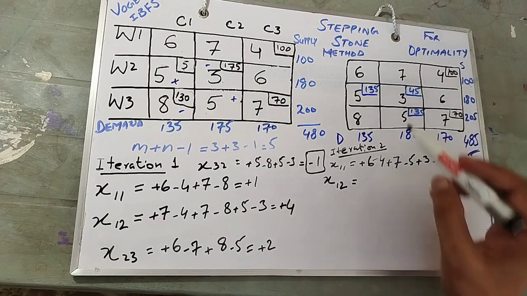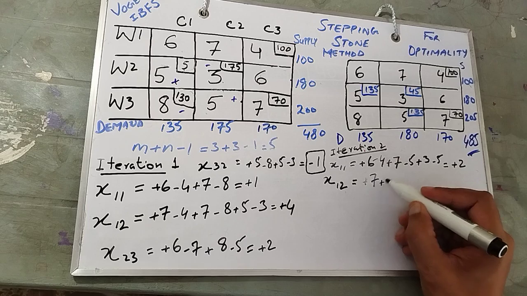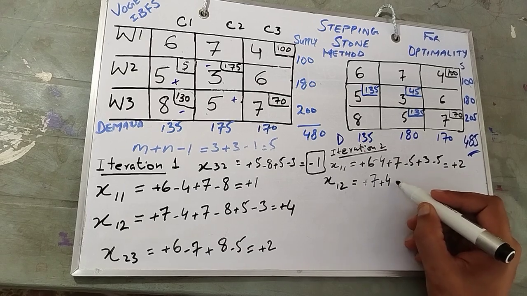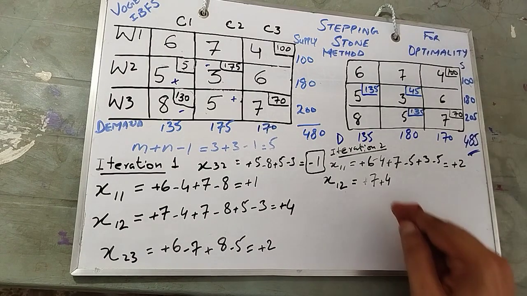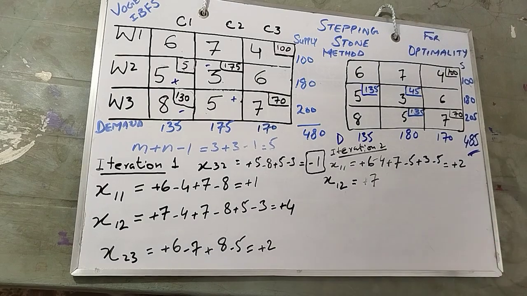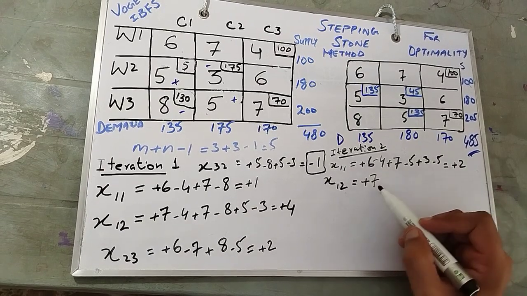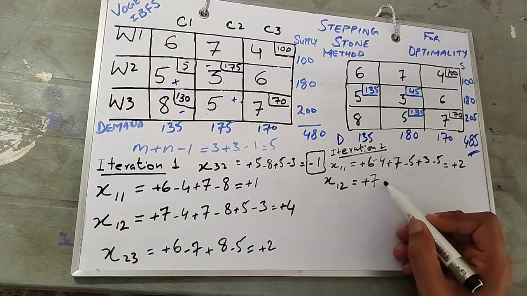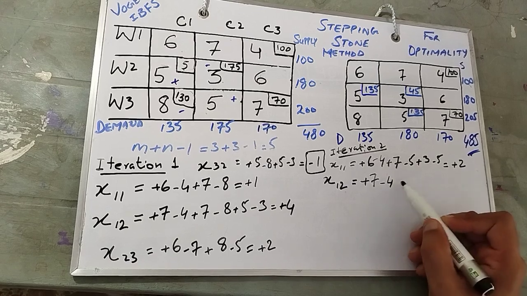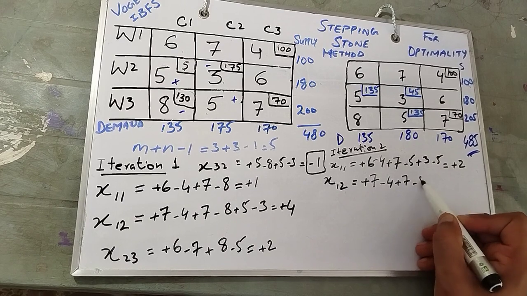7, 4, 7, 5. Plus 7, plus 4, starting from the plus 7, minus 4, plus 7, minus 5.